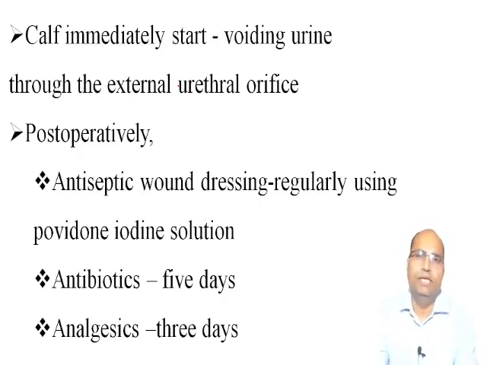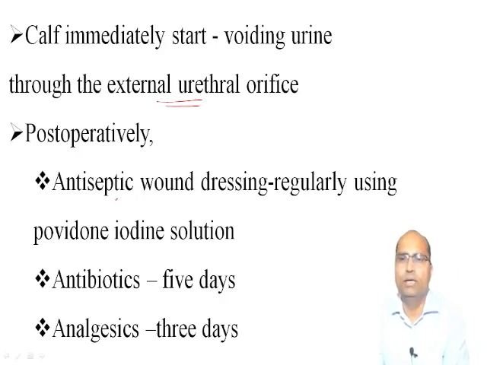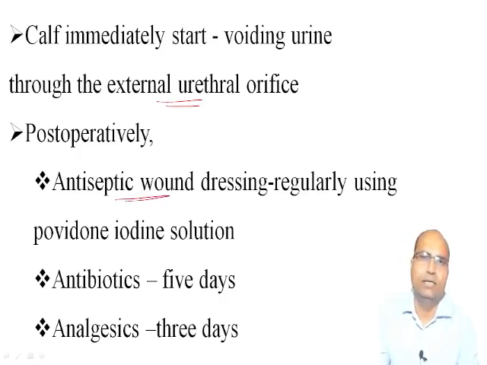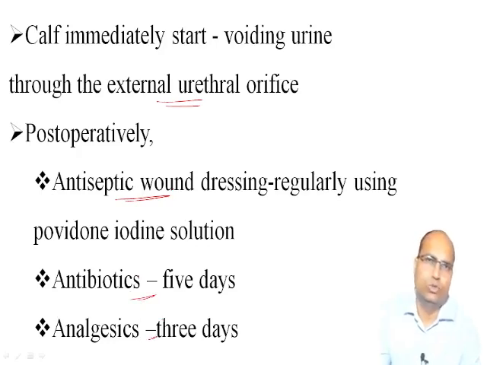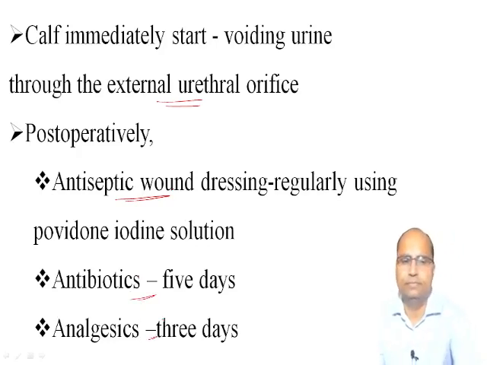The calf immediately starts voiding urine through the external urethral orifice. Postoperatively, antiseptic wound dressing should be done regularly using povidone iodine solution. Antibiotics for 5 days and analgesic for 3 days should be administered.